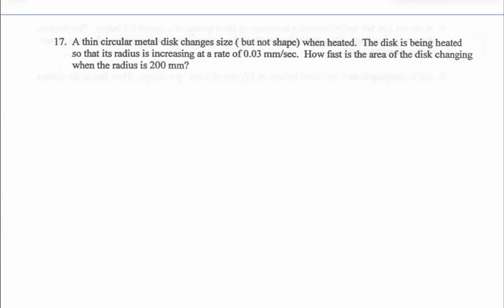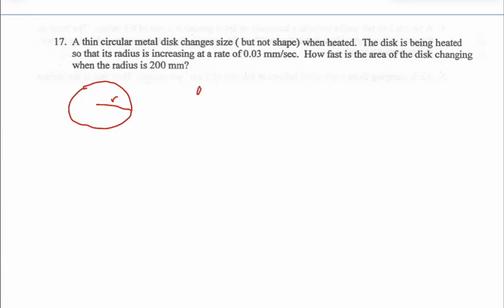Okay, 17 says, a thin circular metal disc changes size but not shape when heated. So I'm just going to do the circular part. You can tell that's a circle, can't you? They mentioned something about the radius, okay? It says the disk is being heated so that the radius is increasing at a rate of 0.03 millimeters per second.